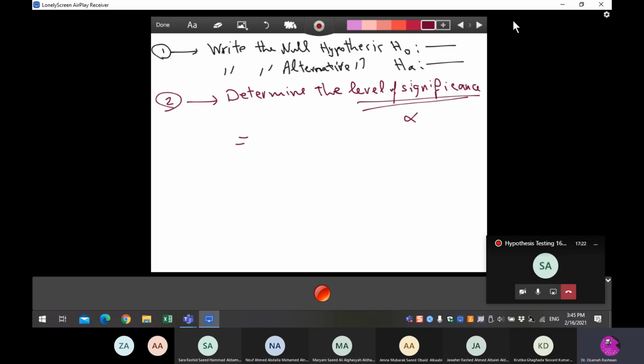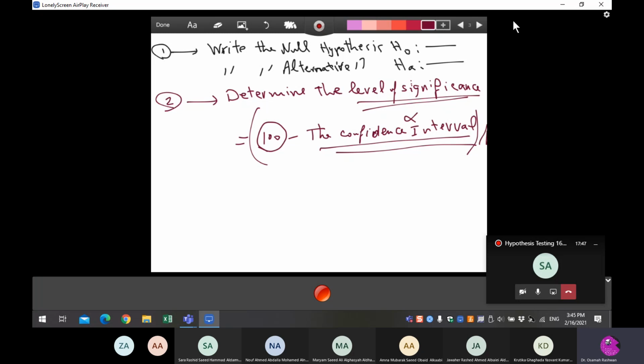If you are not given alpha straightforward, you are given the confidence interval. So if you are given the confidence interval, you take 100% minus this one, and you get the percentage. Now you know the alpha.